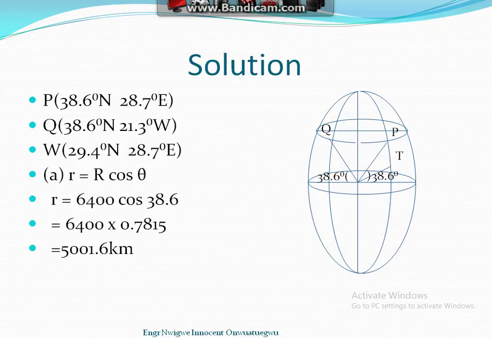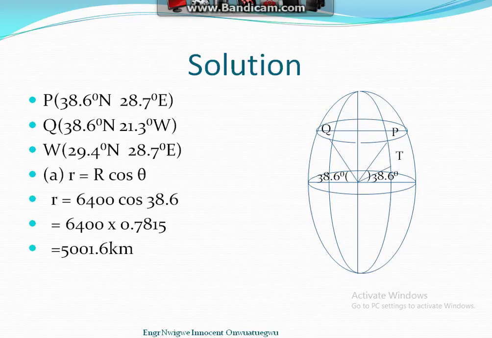which gives us 5,001.6 kilometers. Therefore, we draw our geometry knowing that our longitude is on the vertical axis of the circle and our latitude is on the horizontal axis of the sphere.